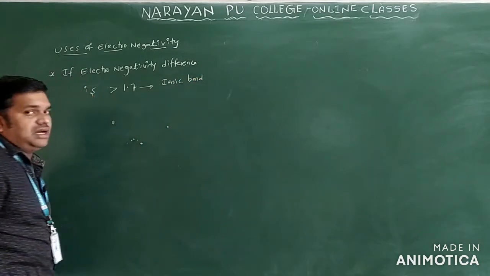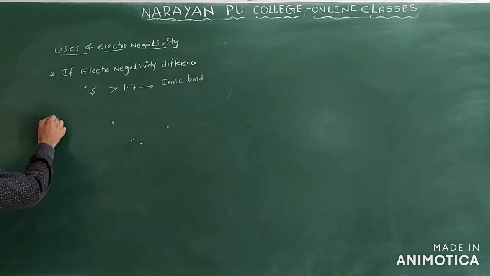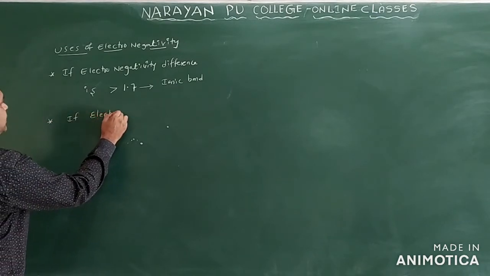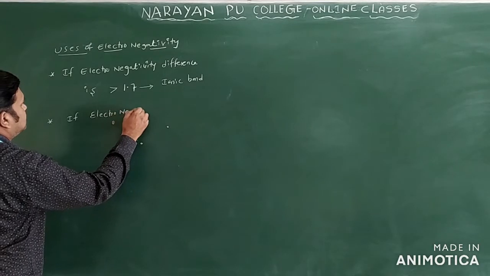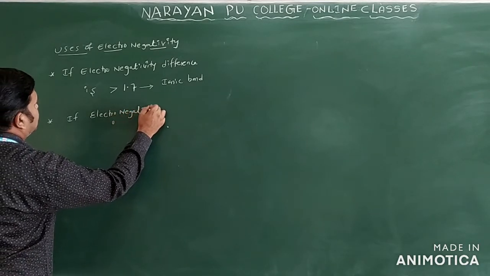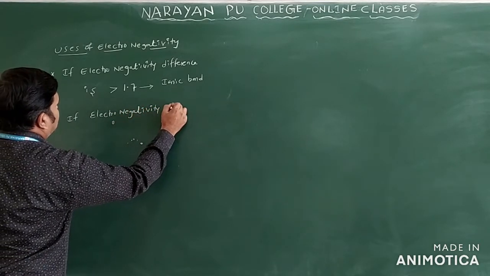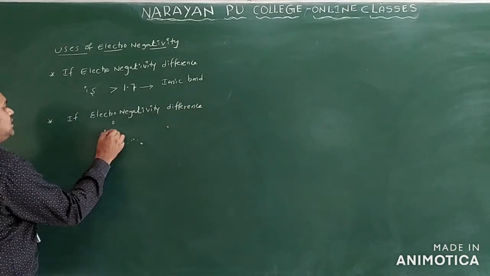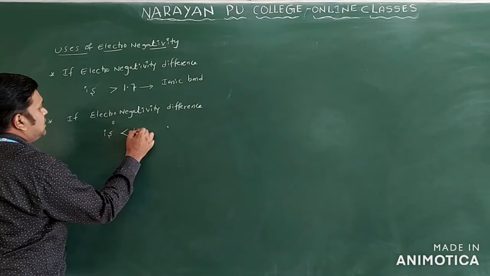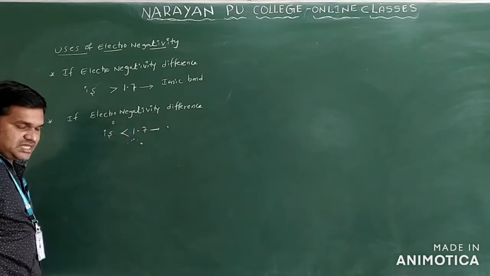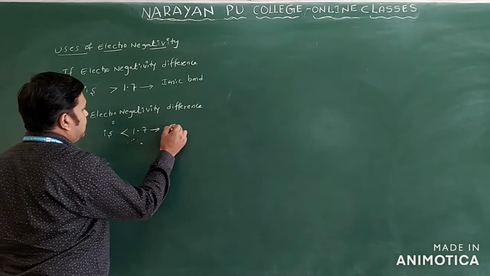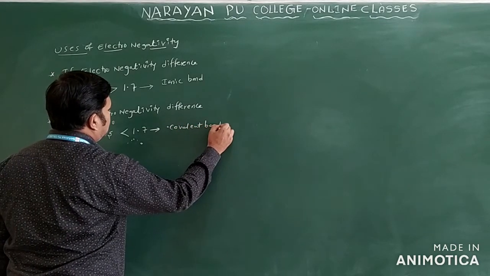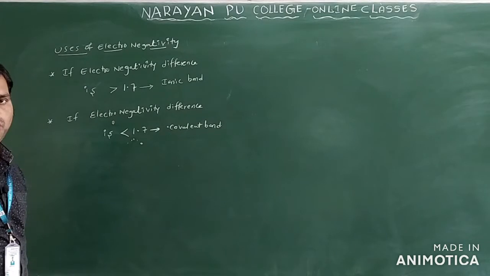Ionic bond. And if the electronegativity difference is less than 1.7, what bond is formed? Covalent bond is formed.